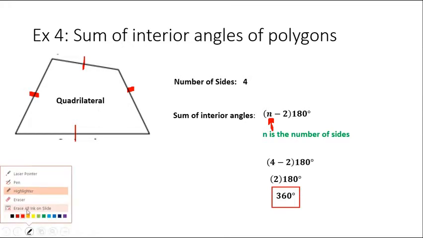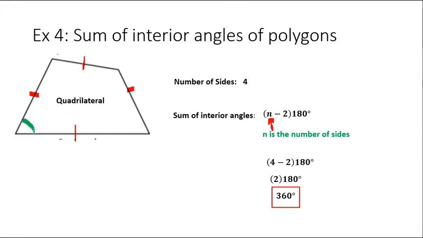So what that means is that all 4 angles add up to 360 degrees in the quadrilateral.